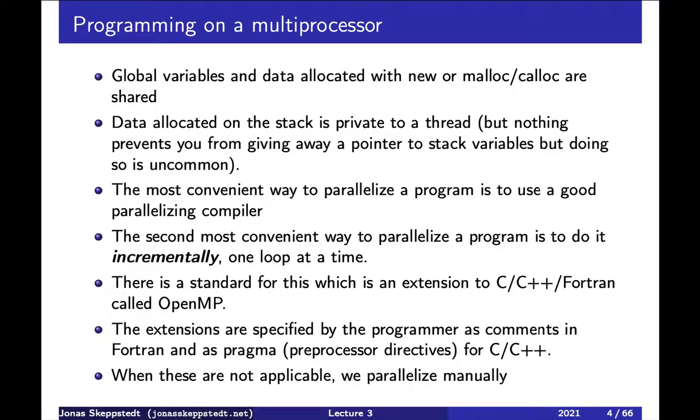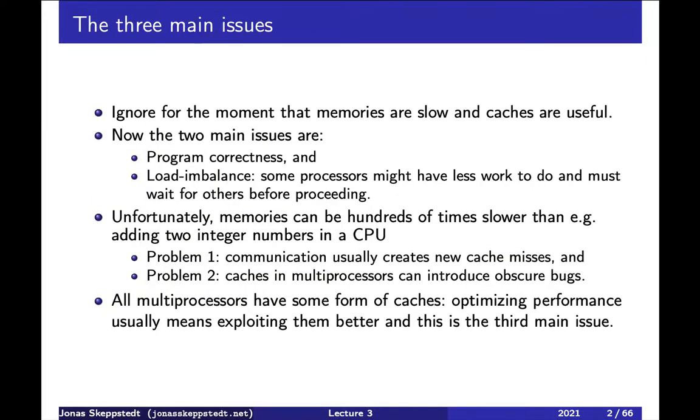So it's up to the programmer to guarantee that this loop actually can be parallelized without corrupting the data. Okay, and if neither a parallelizing compiler nor OpenMP or equivalent is applicable, then we should parallelize by hand. And then we move to this and address one topic at a time.